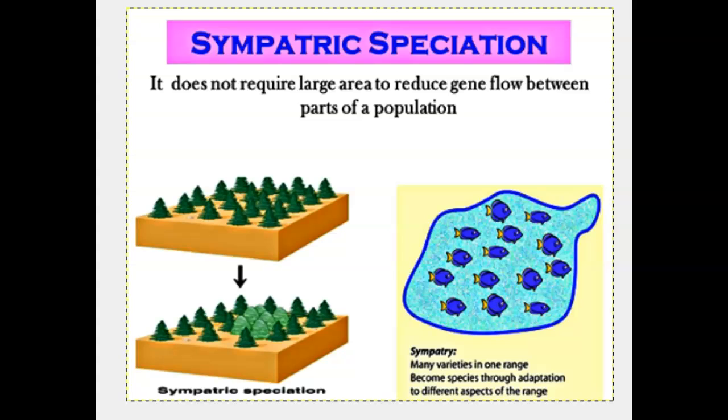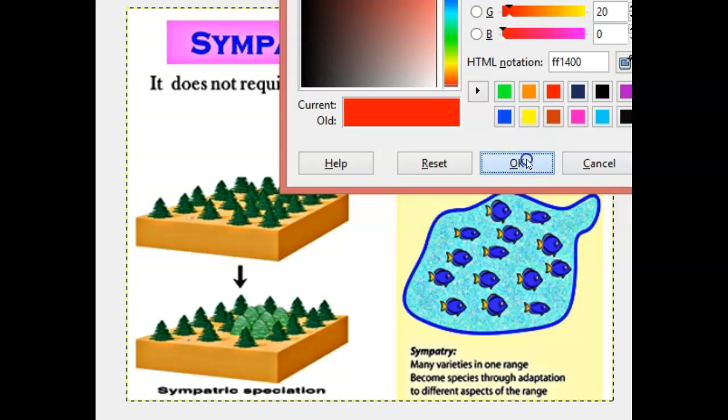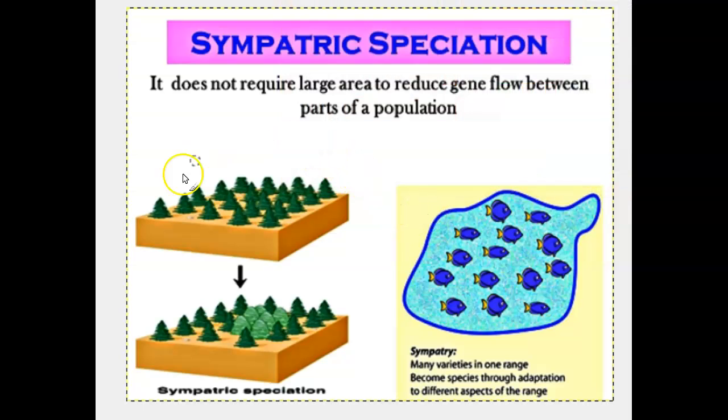So sympatric speciation, often due to polyploidy in plants. So here we have all one species of plants. And then right here, let's say polyploidy takes place.